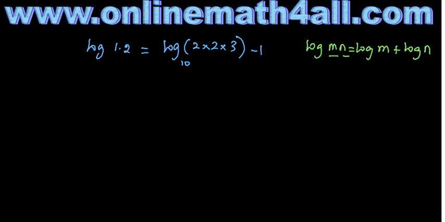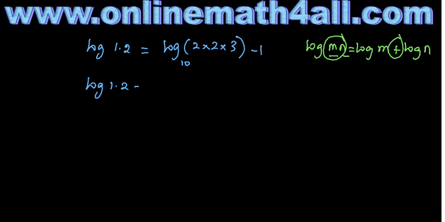Whenever 2 terms are multiplied in logarithm, I have to take the logarithm separately for each term and add them. So here 2 terms m and n are multiplied, so I take the logarithm separately for m and n and just add both. But in our problem we have 3 terms multiplied: 2, 2, 3. So I have to take log separately for 2, again for 2, for 3, and then add all the logarithms.